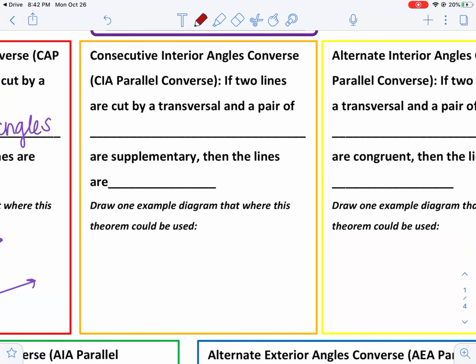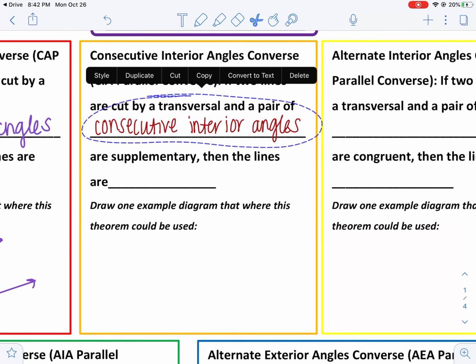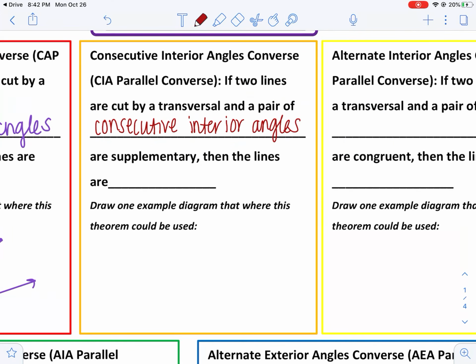Opposite of that, we have consecutive interior angles converse. If two lines are cut by a transversal and a pair of consecutive interior angles are supplementary, okay, then I know that they are parallel lines, okay?